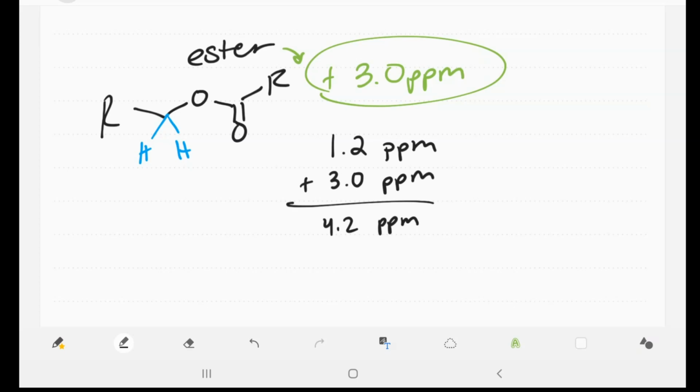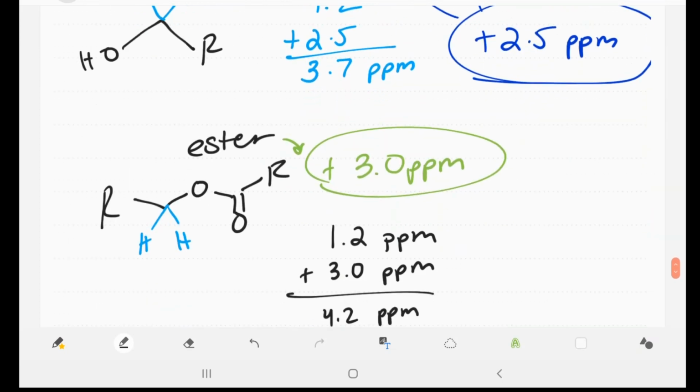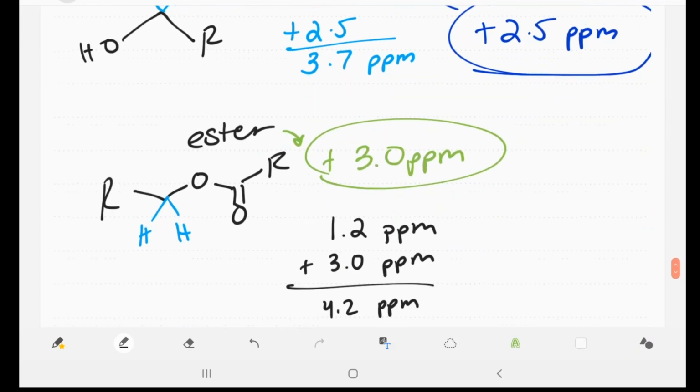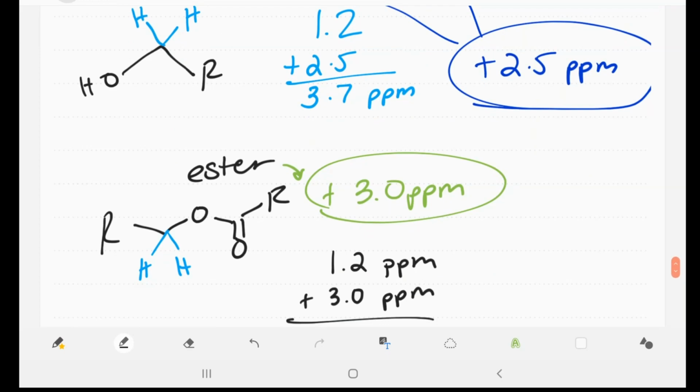There's only a few things that will give us 4.2. And so once we have our choices narrowed down, do we have an ether or an alcohol or an ester in this compound? IR can tell you that. IR will show a blob for your alcohol. For an ether, you're not going to see anything. For an ester, you're going to see a double bond O at 1700.